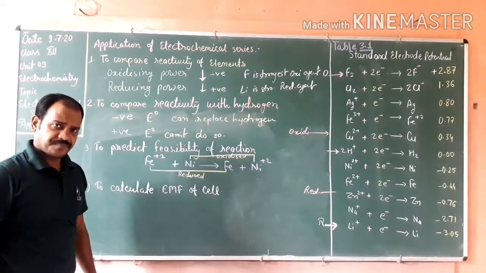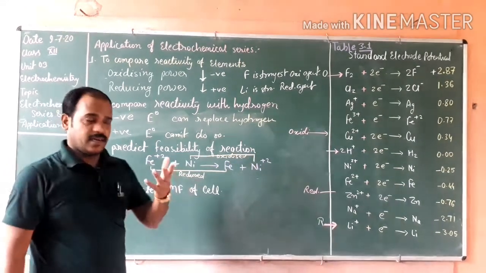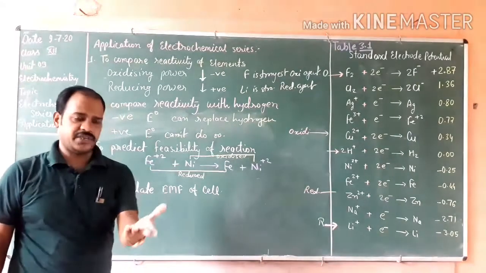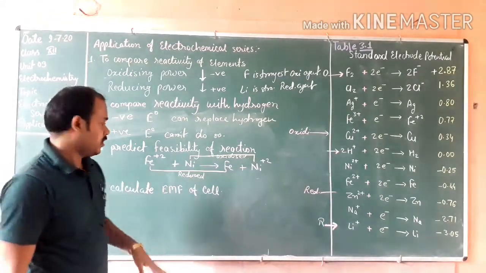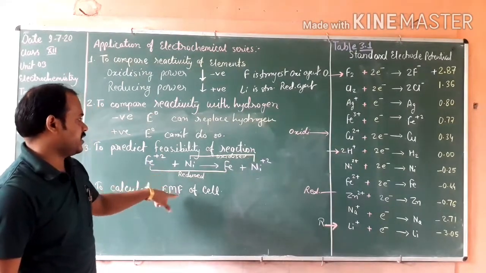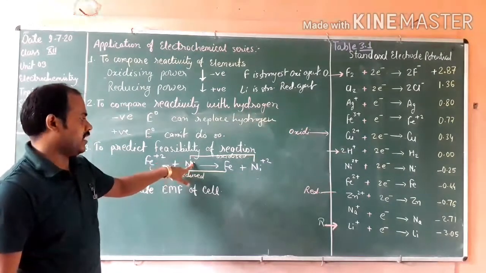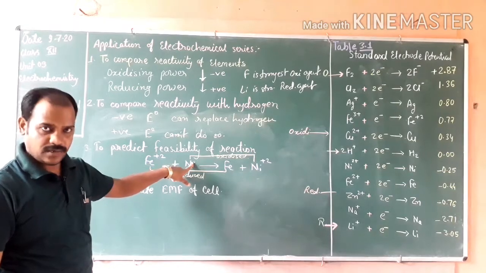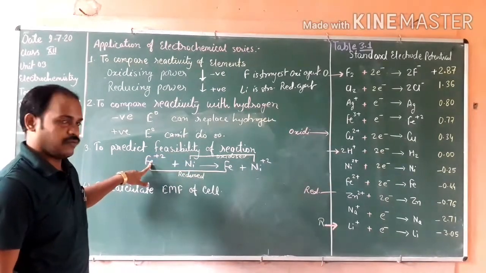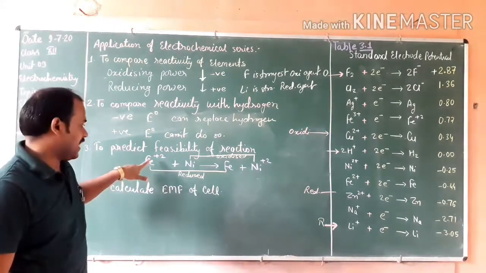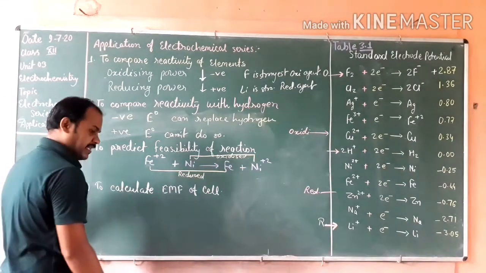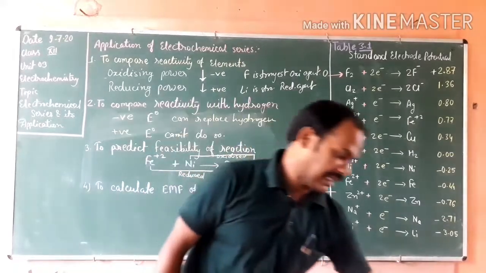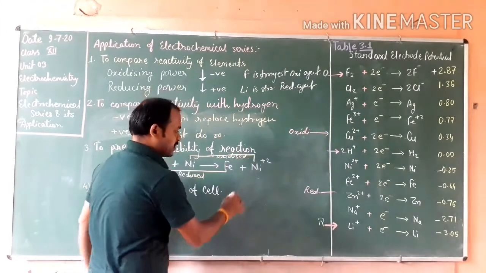It means, as you know, oxidation always and always takes place at anode. So which is undergoing oxidation? Nickel. So nickel will act as anode, and iron, which is undergoing reduction, will act as cathode. So here in this case, anode is nickel and cathode is iron.